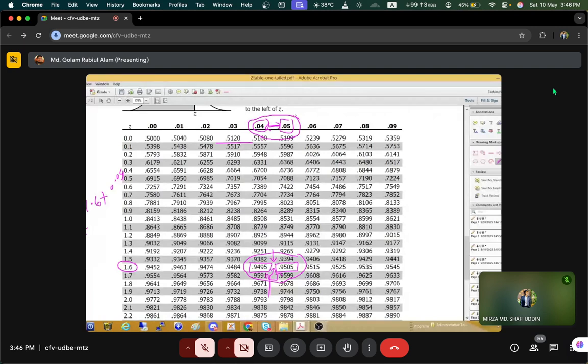For the difference here, we have 0.9495 and 0.9505.